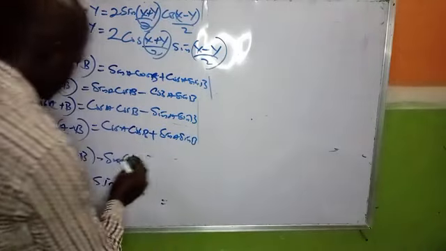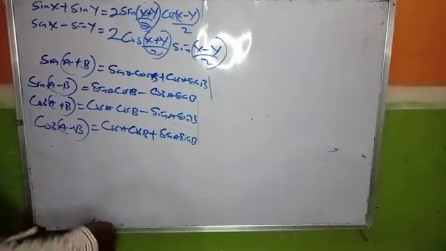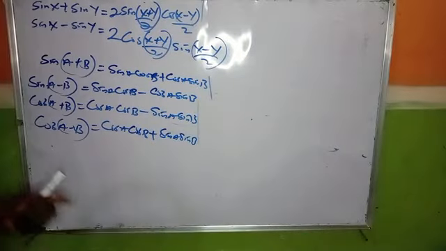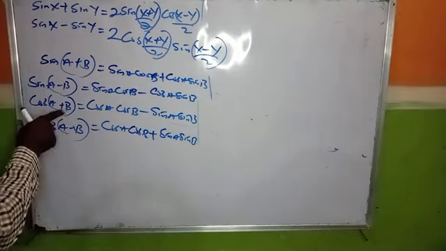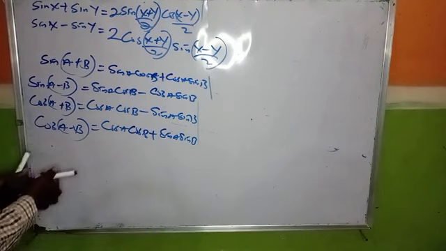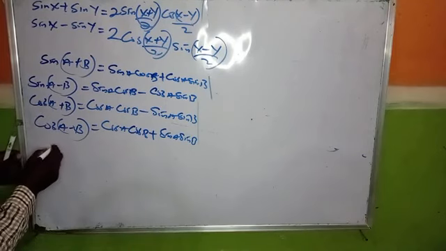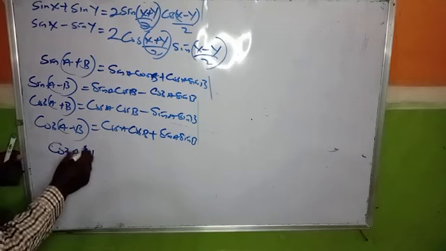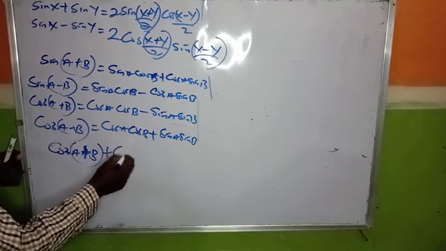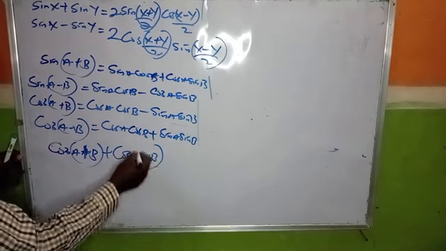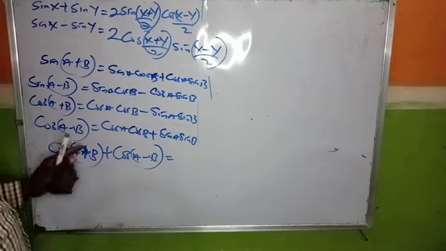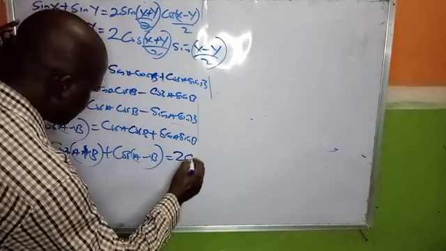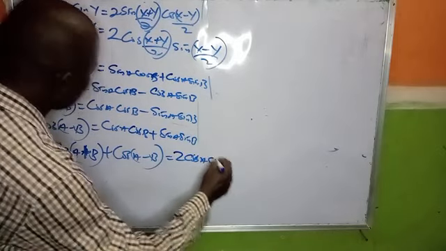The derivation is very simple. So that's why you don't need to cram it. The only one you need to know is the first, the basic one. Then again, look at this. You come here again. Then you add it. This plus this. What you add here is cos a plus b plus cos a minus b, which is equal to, look here again, 2 cos a cos b.